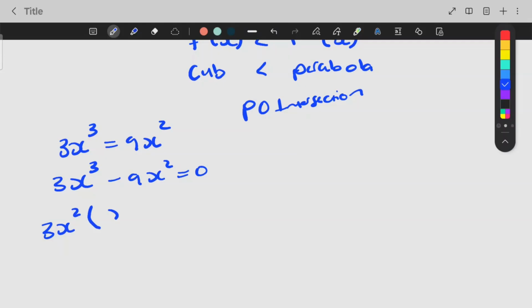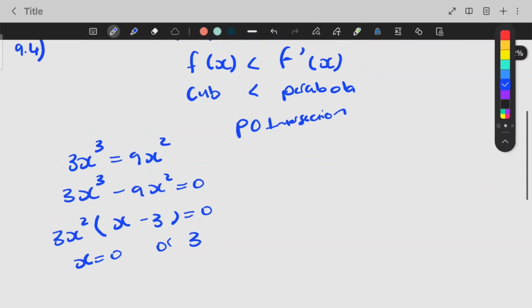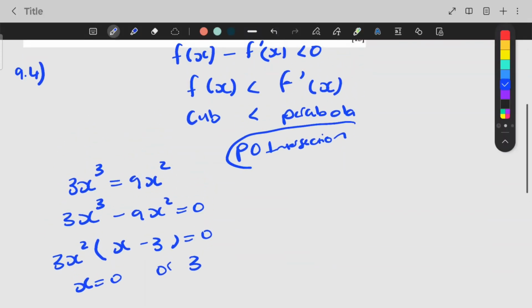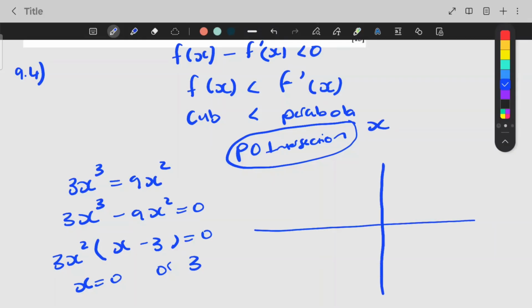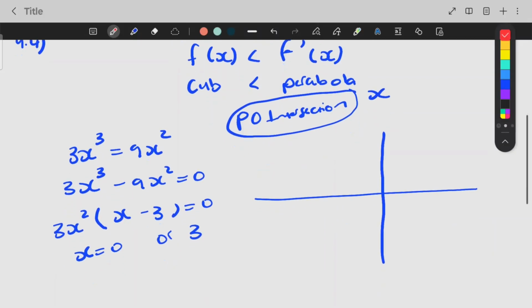So this is x minus 3, and so x is either 0 or x is a positive 3. These are the points of intersection. And remember, for these questions, you only need the x values. So I'm just going to make an example. This is not precise. So the cubic function would look like that. Remember, it goes through the origin.